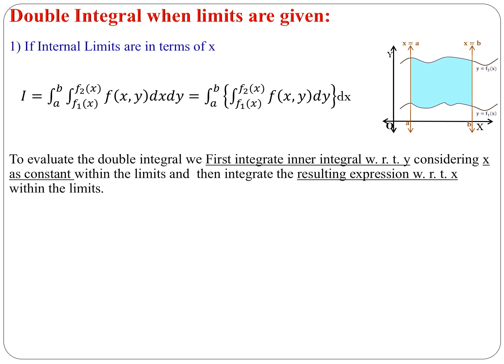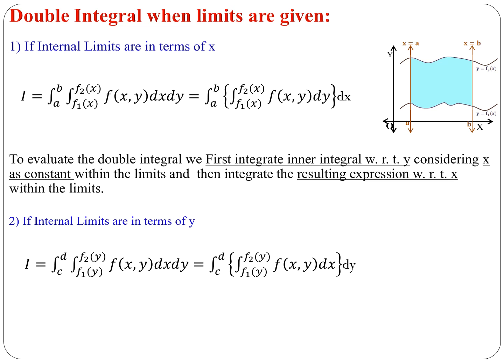Okay, now the opposite: if we are given this integration, c to d, f1(y) to f2(y), f of xy dx dy, the internal limits here are in terms of y. So first we will integrate with respect to x.